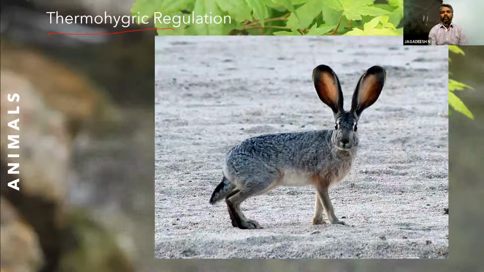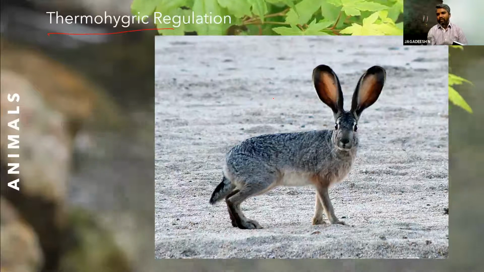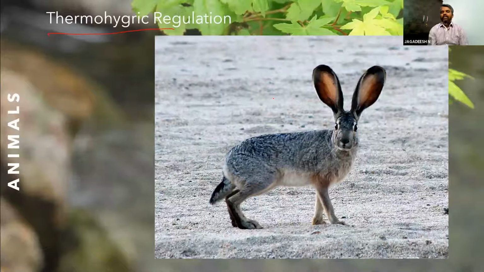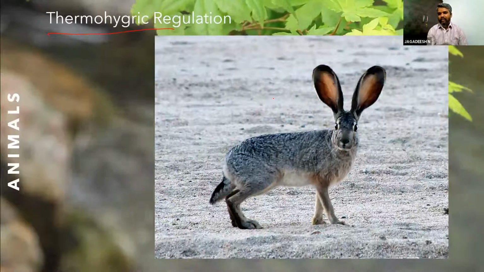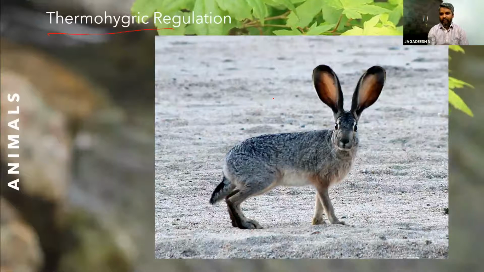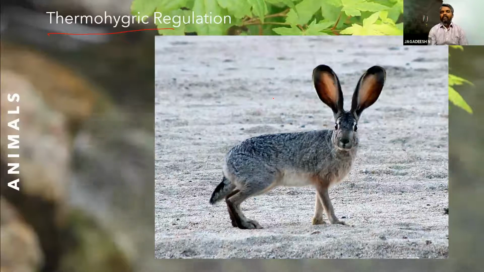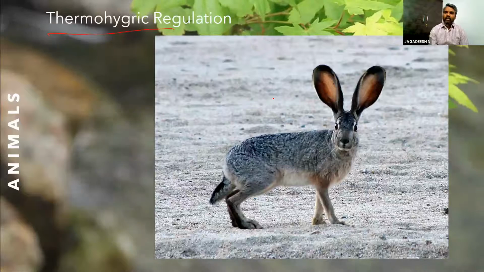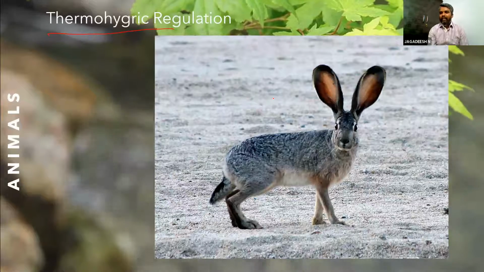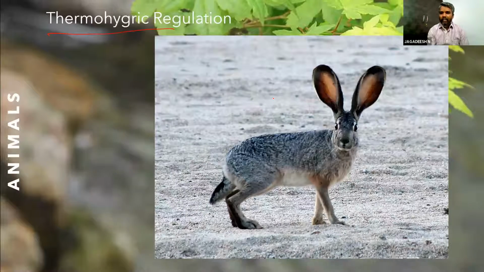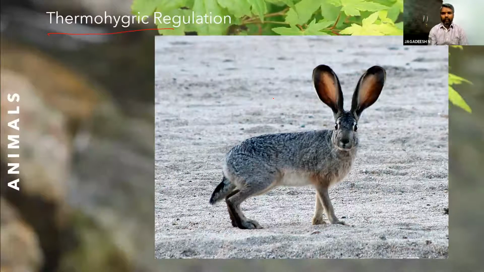Thermohygric means the thermal adaptations. In the areas where the temperature is very high, that is in the dry regions or the desertic conditions, the animals have to control their body temperature, or otherwise they may die. They may end up with hypothermia. Okay?